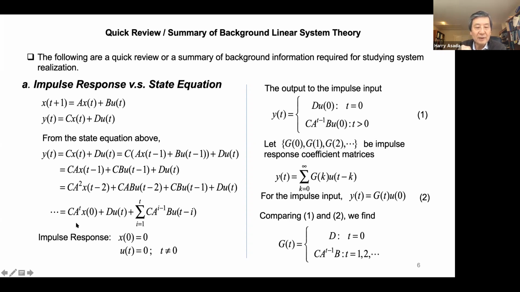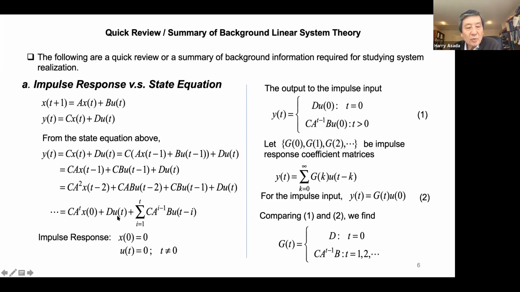So y_1 picks up only this term, C. You remember that u_t is non-zero only at t equals 0 and is 0 everywhere else, right?